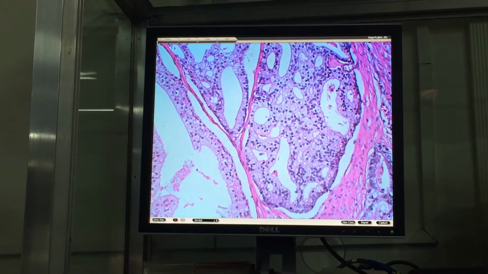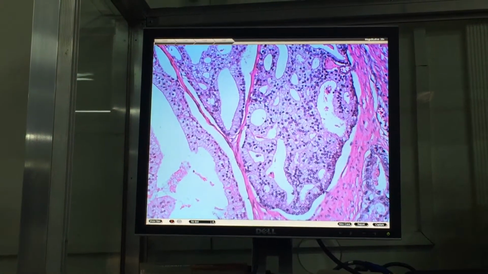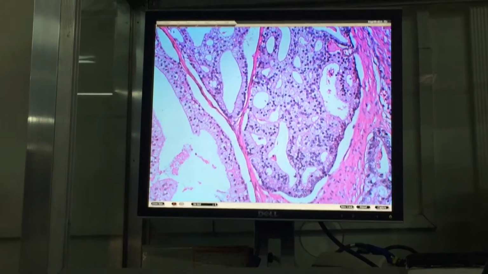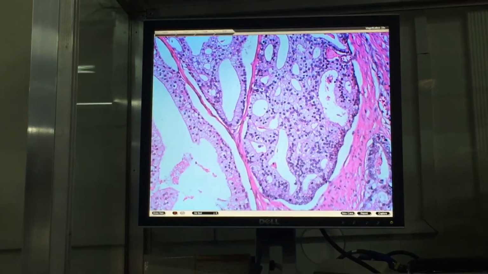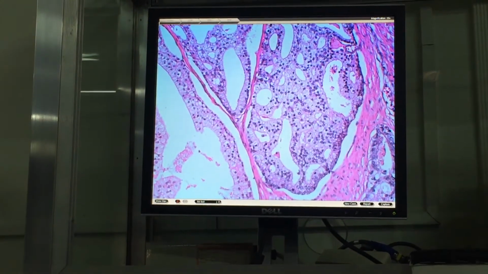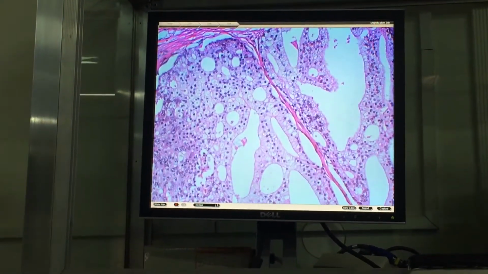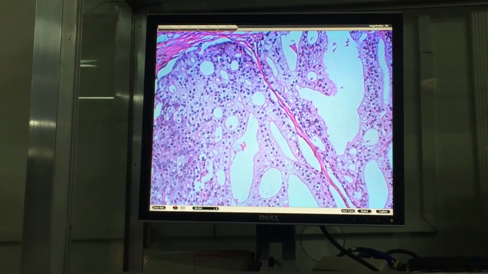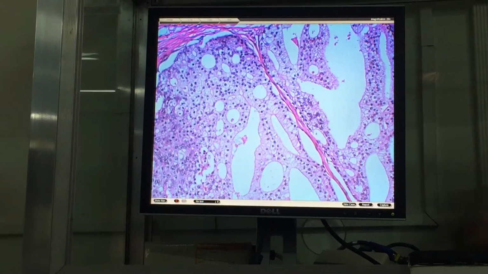Glands. So, this gland has a common wall with this gland, so the glands are in back-to-back arrangement, and they fuse to one gland like this one. This is one gland, another gland, but the wall of these two glands are the same.